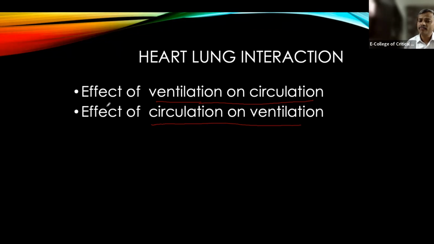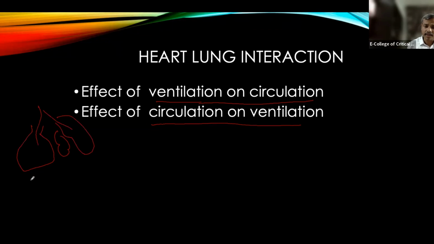So daily while managing any ventilated patients, we see both aspects. One is the lung, and this is the heart. Whenever the lung pressure increases, what will happen to the cardiovascular system? That's the effect of ventilation on circulation.